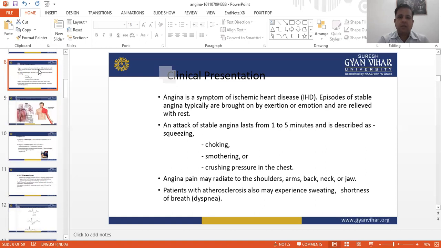Angina pain may radiate to the shoulders, arms, back, neck, or jaw. Patients with atherosclerosis may also experience sweating and shortness of breath, also called dyspnea.